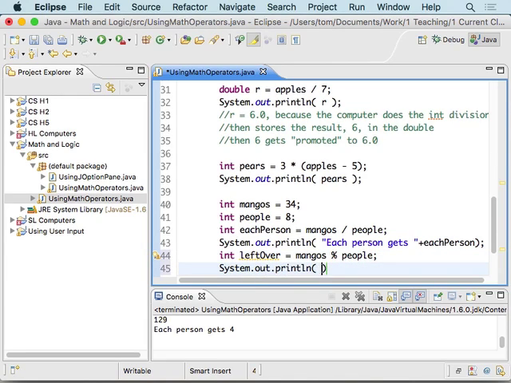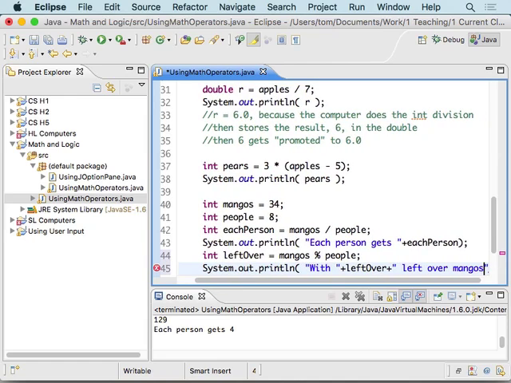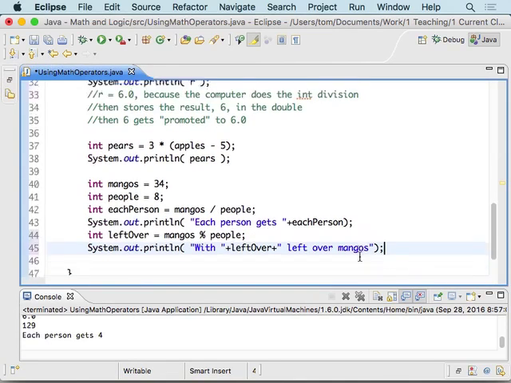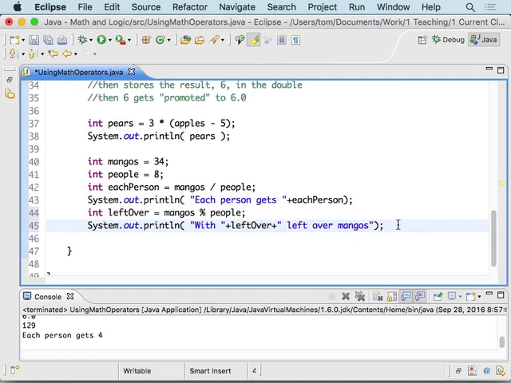So I'll print that out. Let me minimize that so you guys can see what I'm doing here. Alright, so if we run this, now we get each person gets 4 with 2 leftover mangoes.